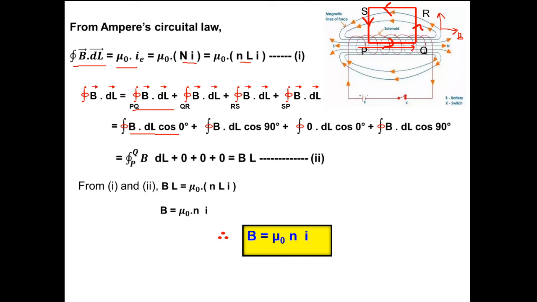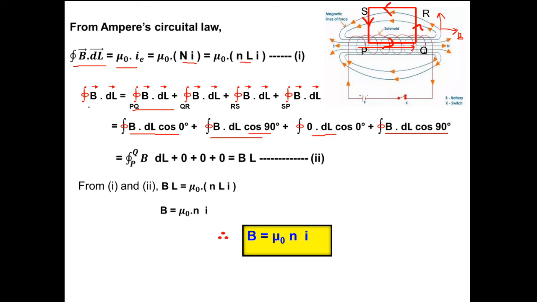Next, outside the solenoid there is no magnetic field or it is very weak, so we are neglecting it. And again here, the integral B dot dl R to S equals 0 into dl cos 180 degrees, plus B dot dl cos 90 degrees. See, cos 90 is 0, so this total value will be 0.